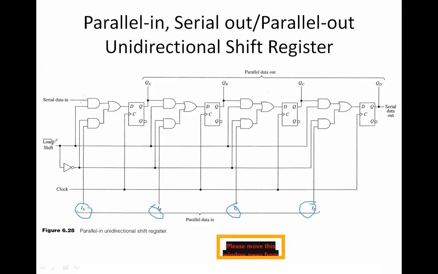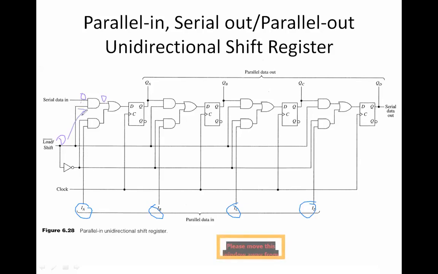Suppose I give a 0 value here. Let us assume the other case now. So I give a 0 here. What is going to happen? 0 is going to come here. Whatever serial data I give, that also becomes 0, because 0 is here.